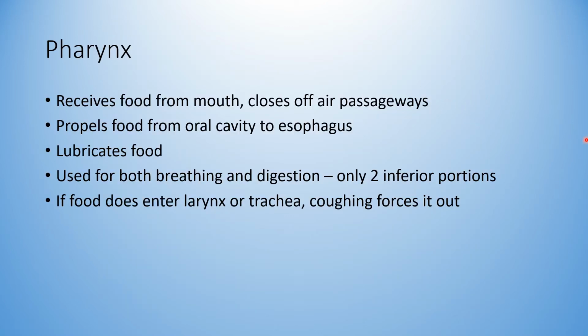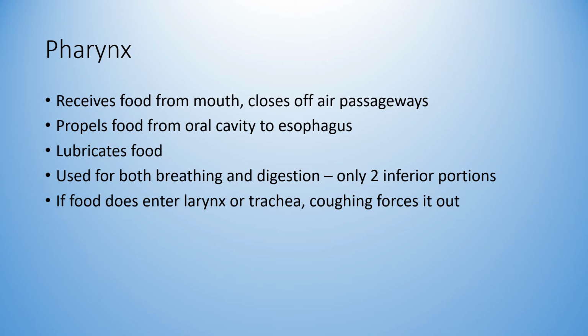The pharynx is going to be receiving the food from the mouth. It's going to help close off the air passageways and then propel that food down from the oral cavity to the esophagus. It's going to help lubricate the food as it moves down. Now remember, the pharynx is used for both breathing and digestion.